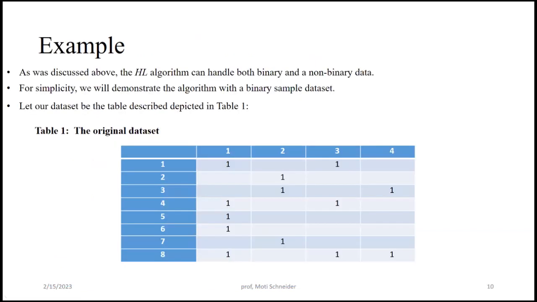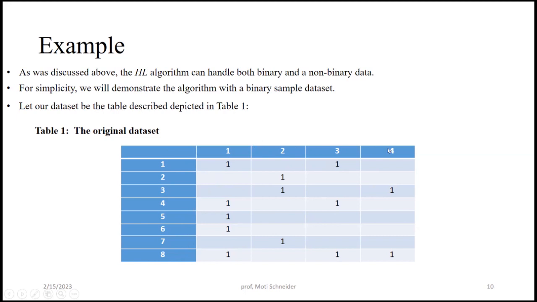So in the next 2-3 minutes that I have, I'll show you an example and hopefully you will see how easy it is. For example, in this table, I have 8 rows and 4 columns, 4 variables, and I have ones everywhere. In case you're not familiar with association rules, you can assume there are 8 people who are going to a supermarket.